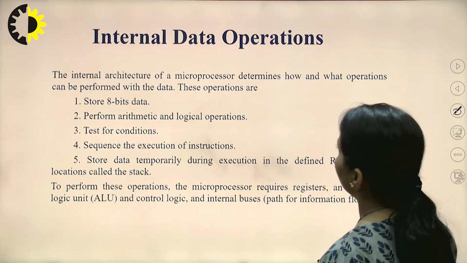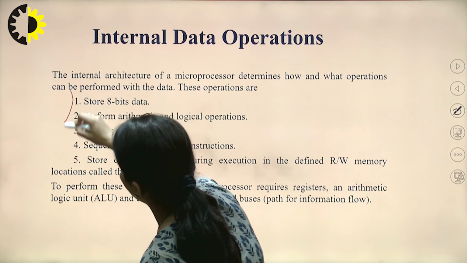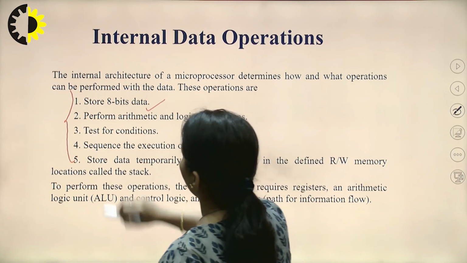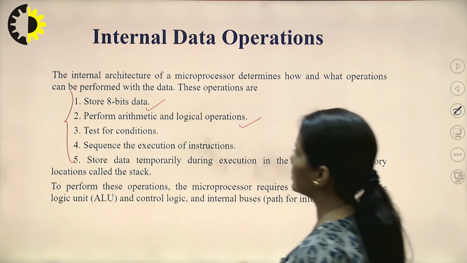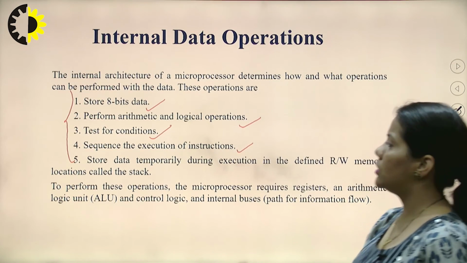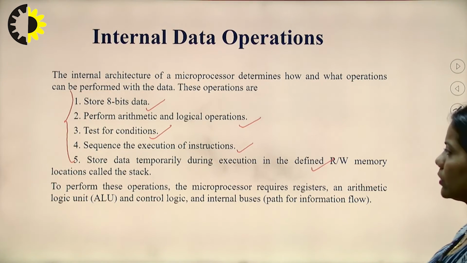Now, when talking about the internal data operations, the operations internal to the microprocessor are: store 8-bit data, perform arithmetic and logic operations, test for conditions, sequence the execution of instructions, and store the data temporarily during the execution in the defined read-write memory locations called the stack.